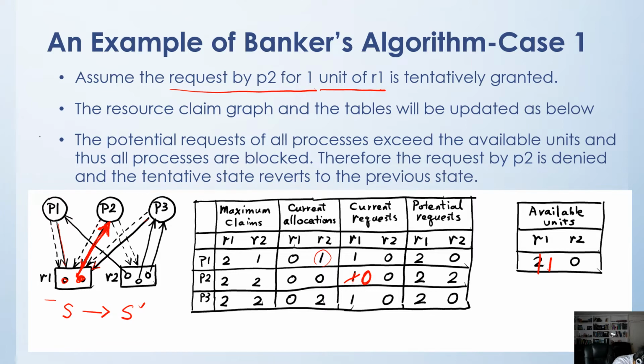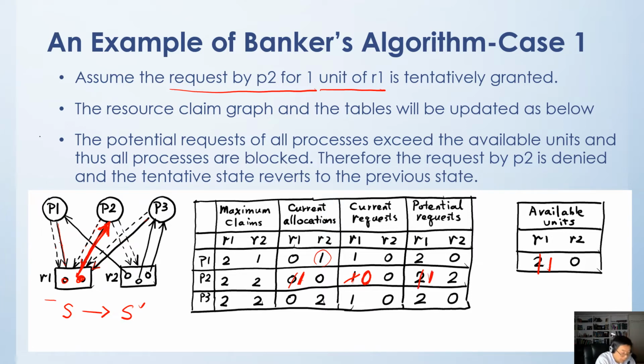Now there's still a claim, but that's not a request. Also, the current allocation for R1 was initially 0, and that changes to 1, right? So we change this 1 to 0, and this 0 to 1. And also the potential requests: since 1 has already been allocated, there's 1 request, 1 claim, so potentially there are 2, right? But now this is going to change to 1.